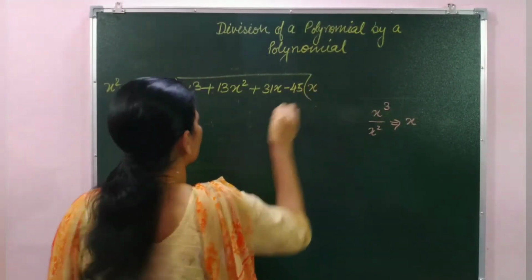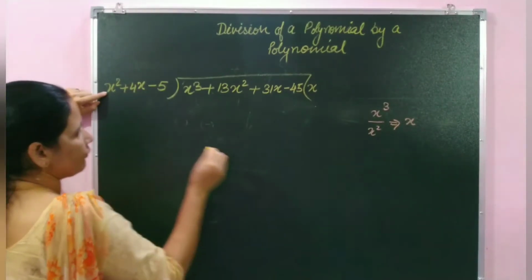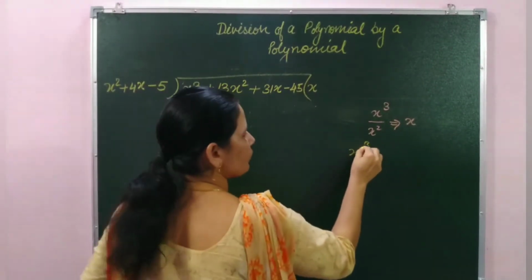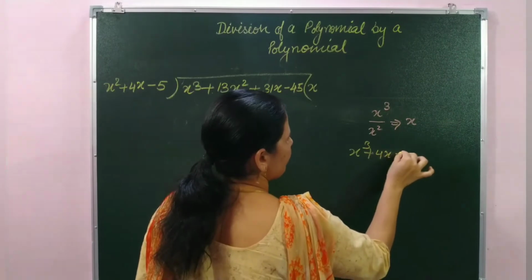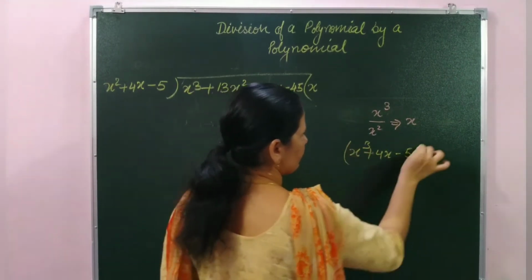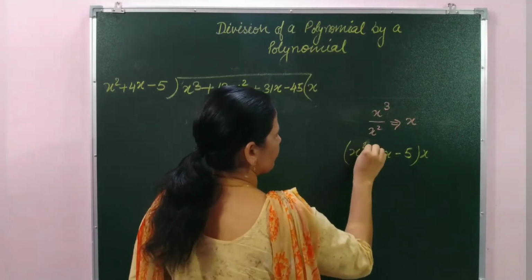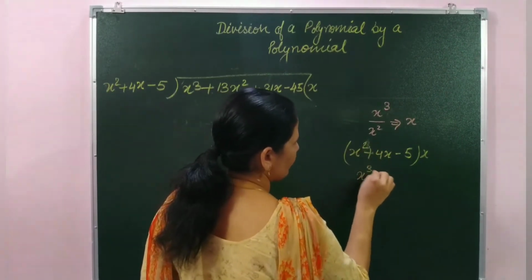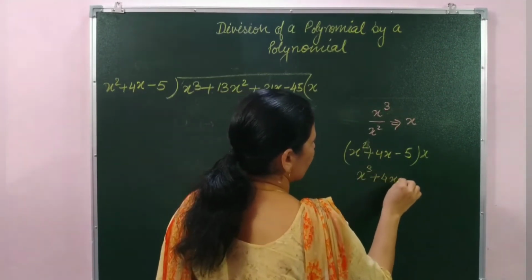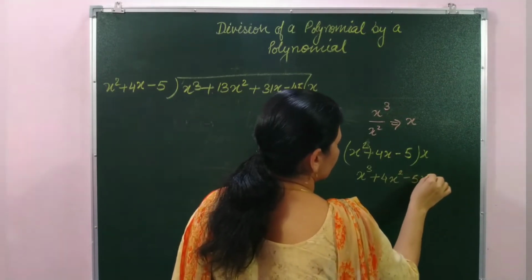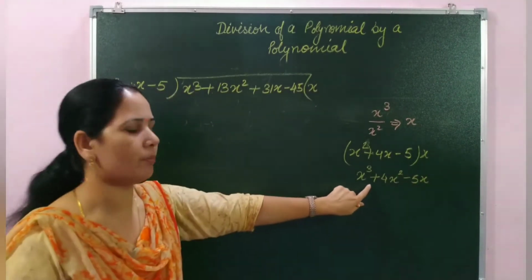So first of all, multiply by x. If x square plus 4x minus 5 is multiplied by x, we get x cube plus 4x square minus 5x. This is the product of these two.